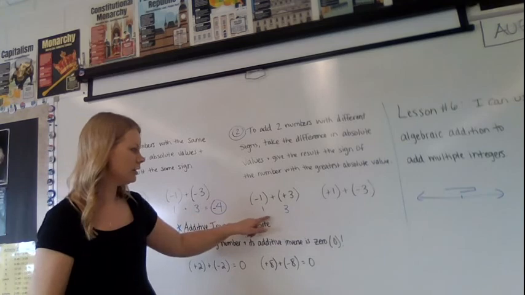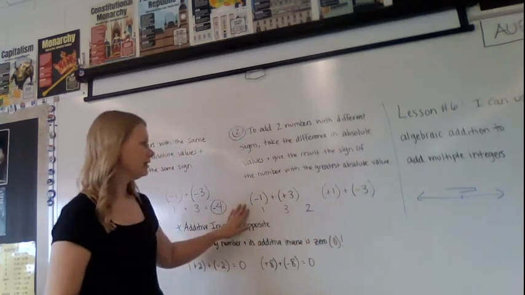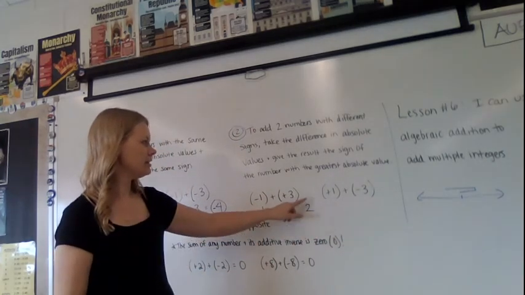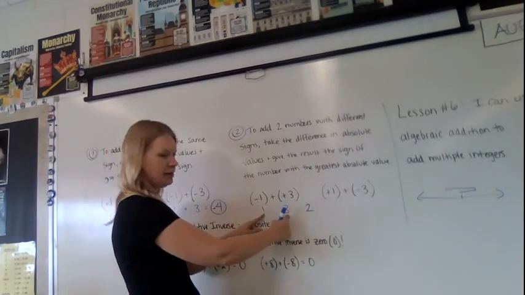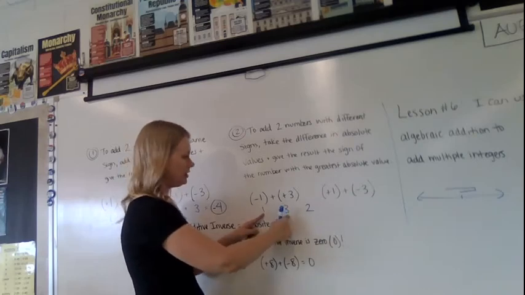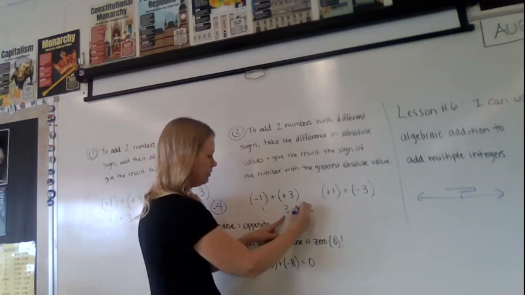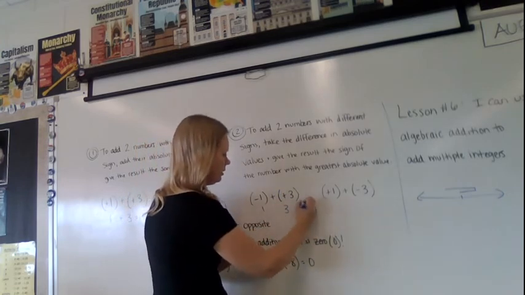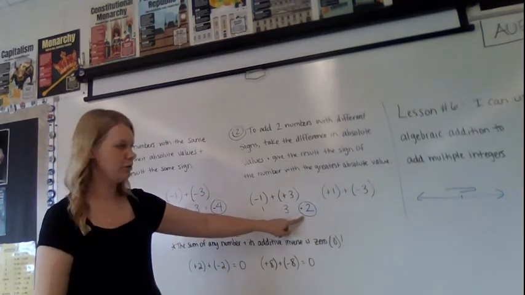The difference between 1 and 3 is 2. Lastly, we give that result the sign of the number with the greatest absolute value. 3 is the greater number, and 3 had a positive sign. Therefore, negative 1 plus positive 3 is positive 2.